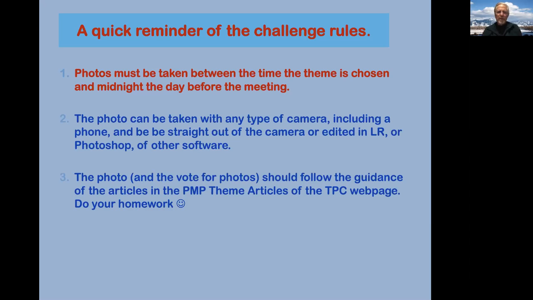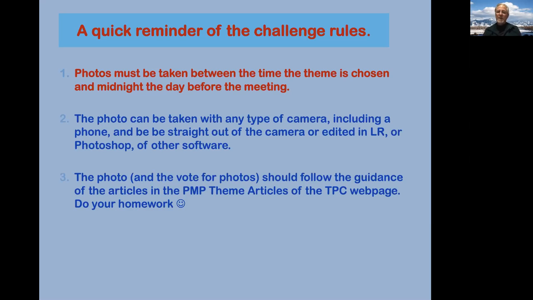Rule 2 and 3, no big deal. Number 2, you can use any type of camera, whether it's an iPhone, straight out of the camera, Lightroom, Photoshop, other software. One of the things that I think is important for us to be aware of, and we'll talk a little bit more about that in a minute, is that the photo and what you vote for should follow the guidance of the theme.